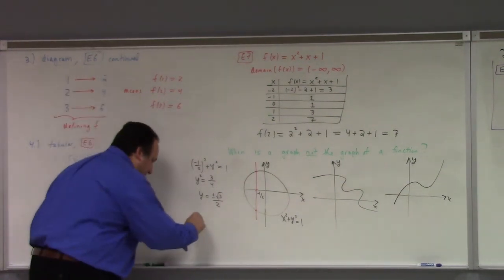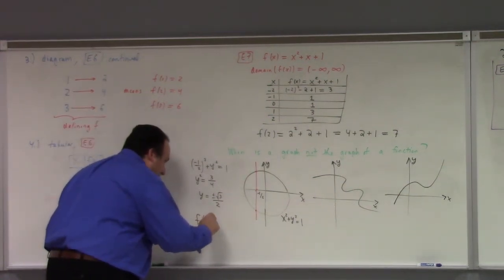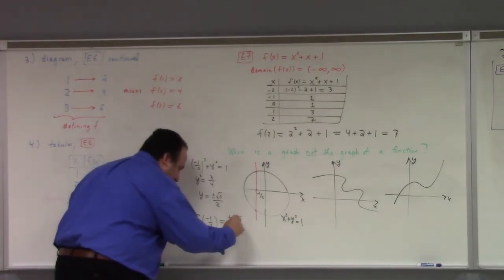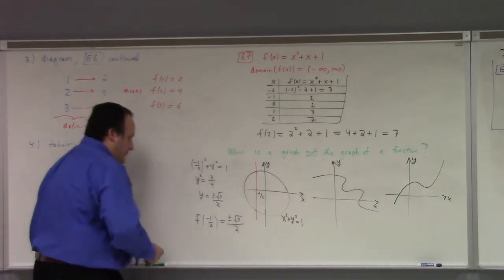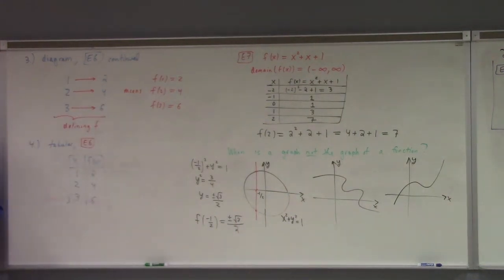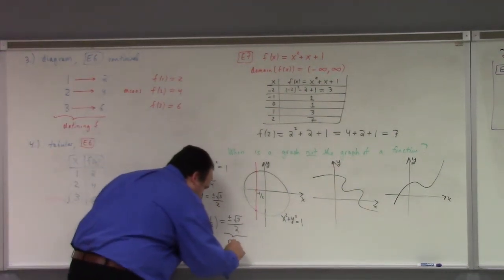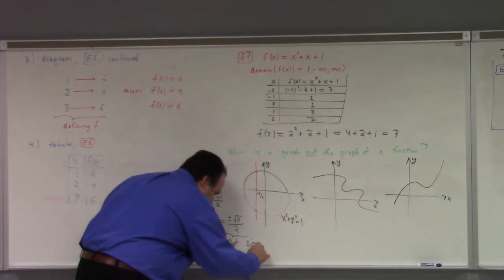So then you've got to choose, right? Is f of minus a half plus or minus the square root of 3 over 2? See, you can't have both. A function's single valued. So this is not a function, right? It's not single valued.